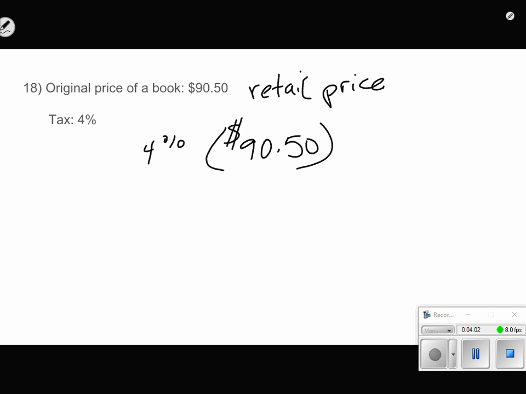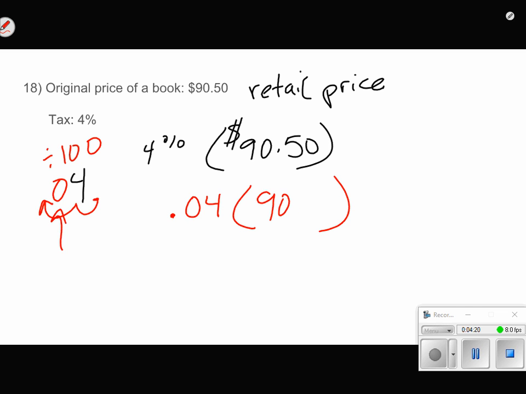I changed the 4% to a decimal by dropping the percentage sign, moving the decimal twice to the left, which is the same as dividing by 100, and I'm going to place a 0 in that open spot that was created. So 4% is the same as the decimal 0.04. And then I'm going to type into my calculator 0.04 times 90.5, and we get 3.62, or $3.62.